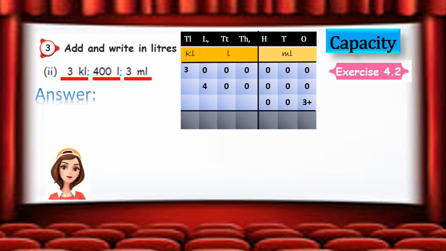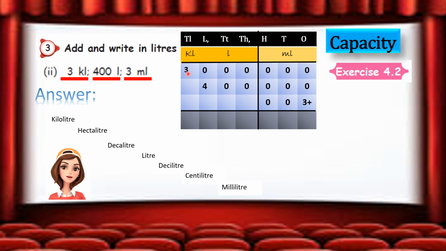Milliliter is the smallest unit, after that centiliter, then deciliter and so on. Likewise here, it starts with milliliter, then centiliter, deciliter. These three we have brought within milliliter. Then after this liter, so here liter starts, then decaliter, then hectoliter, then kiloliter.